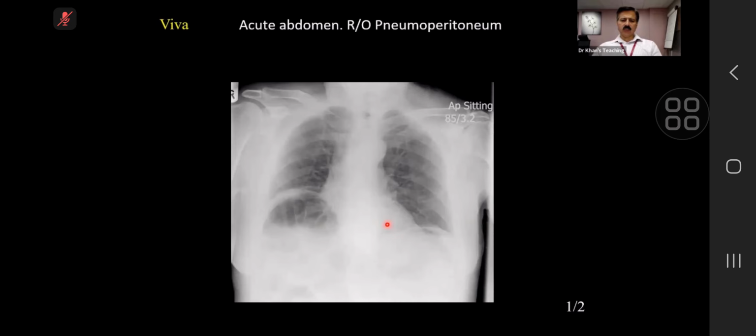Okay, I cannot see candidate 2, so I will go to candidate 3 then. I am unmuting candidate 3. Candidate 3, can you hear me? Yes. Okay.